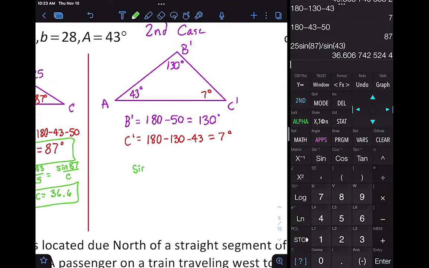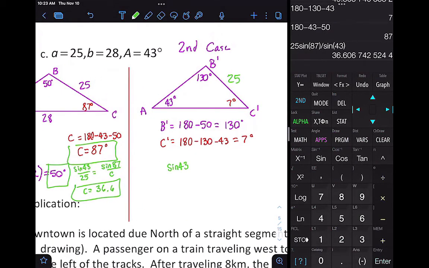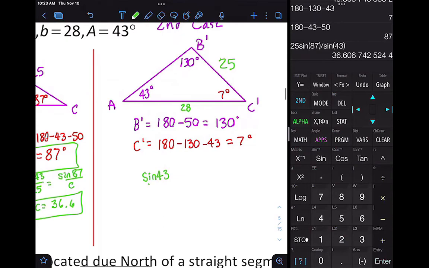It'll look pretty similar. It'll be sine of 43 over 25. I forgot to label the side across here, but you need the 25, I guess. And then remember, we're trying to find the new C. So then you'll go sine of angle C, which is 7, over C prime.